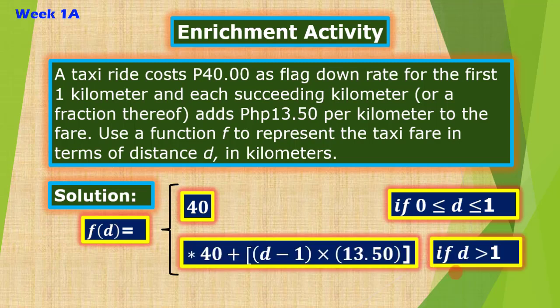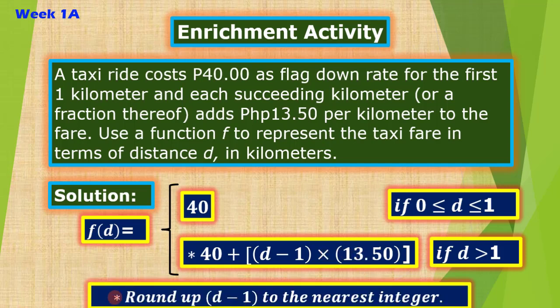In the case of d greater than 1 kilometer, then we will use 40 plus the quantity d minus 1 times the rate per kilometer in excess of 1 kilometer or a fraction thereof, times 13.50. Okay? Take note, we have to round up because of the words or a fraction thereof. So d minus 1, we have to round this up to the nearest integer.